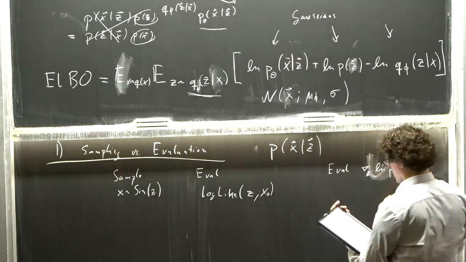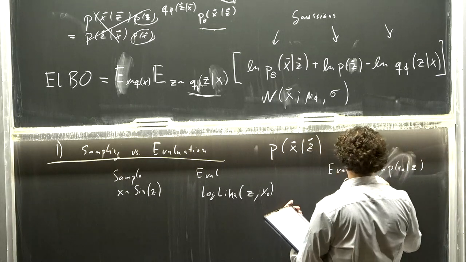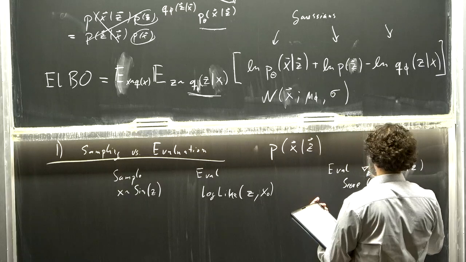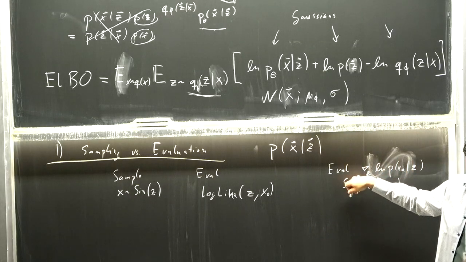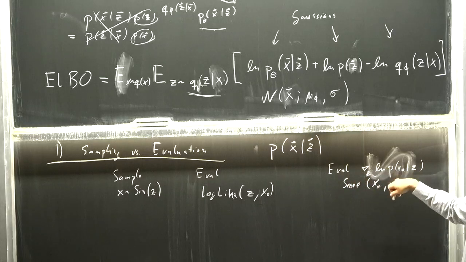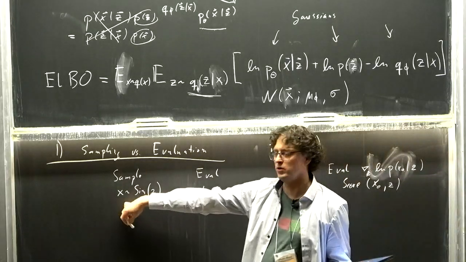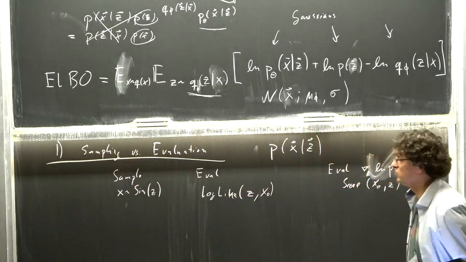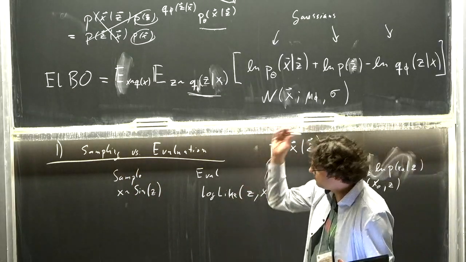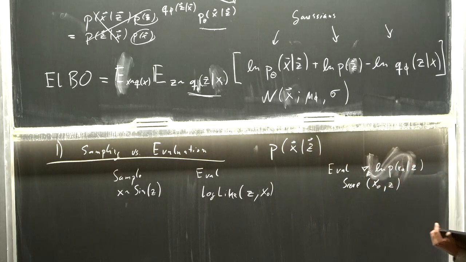This would be yet another piece of computer code that would take as input some observation and some parameter z, and it would return the score function, the derivative of the log likelihood, which actually is a vector. Here the return value is a simulation. This might be an image or collider track information, so a list of particles. This here is a single number. This here is a vector of numbers.